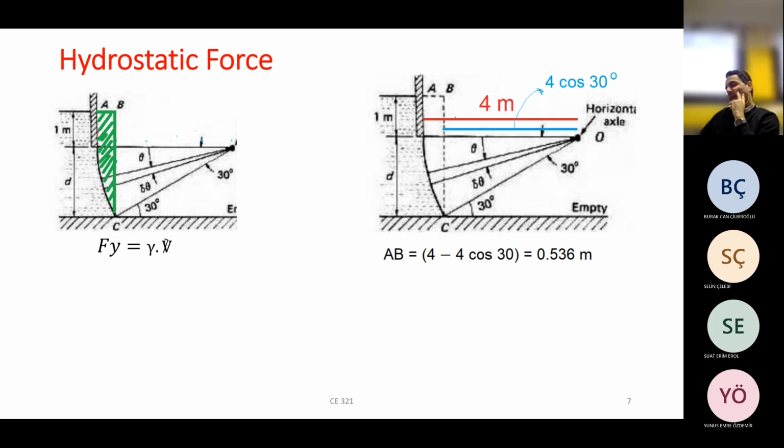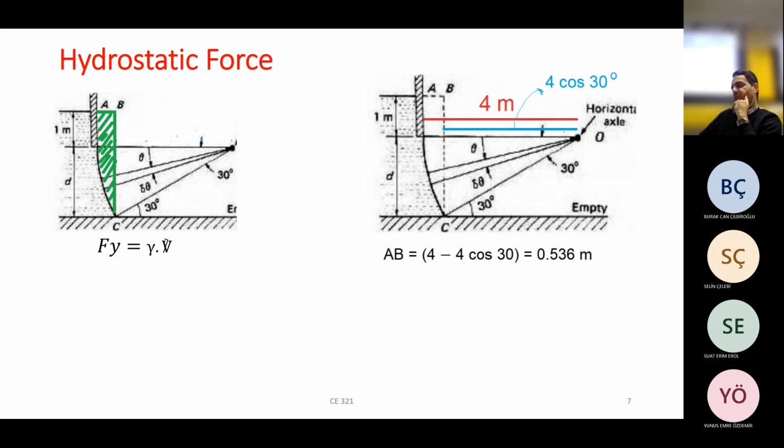From the geometry of the figure, I have a triangle, and I know that the radius of this circle is 4 meters.